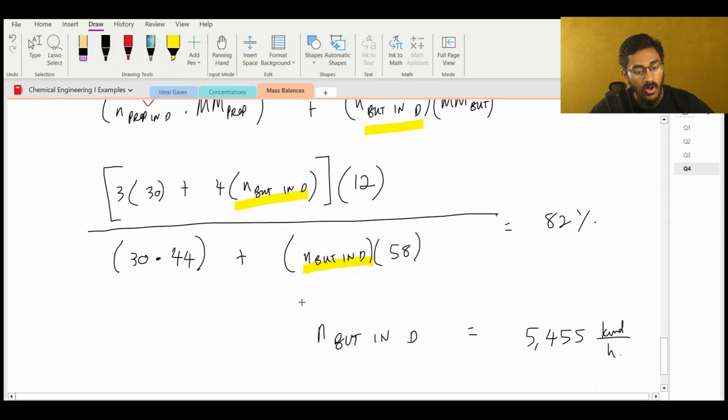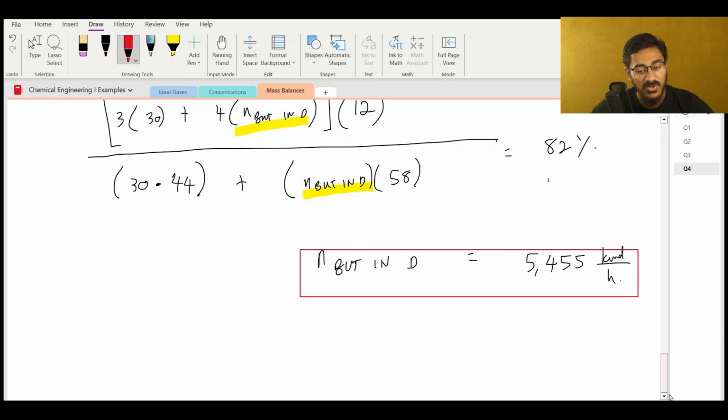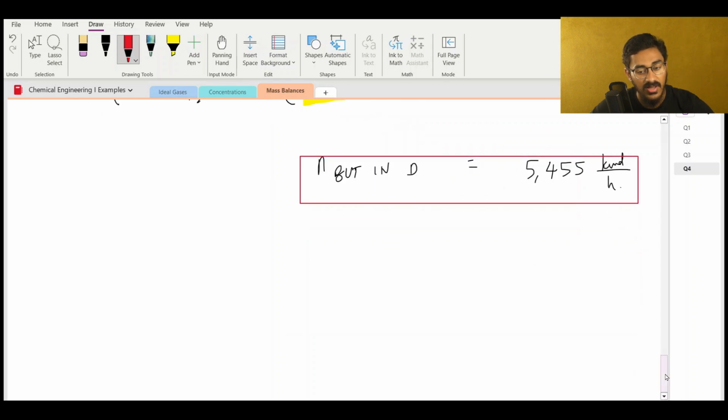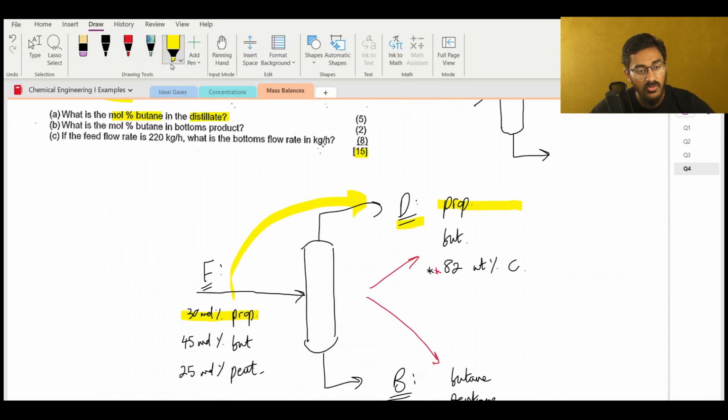You are almost done. Okay, we're almost done with part A. So the question asked, what was the mole fraction? Let's just go up and double check that. What is the mole percentage or the mole fraction of butane in the distillate? So in the distillate, I'm just going to write out what I have discovered.